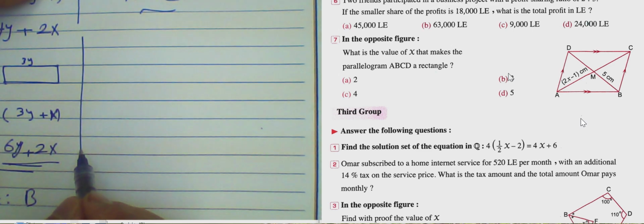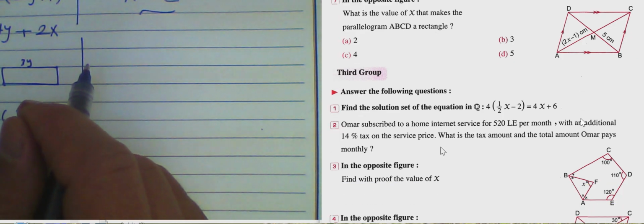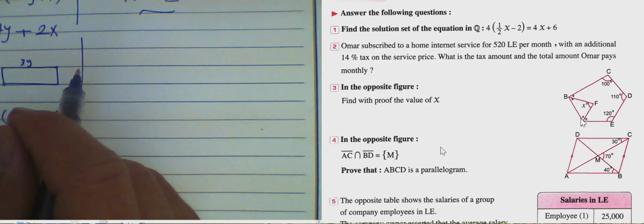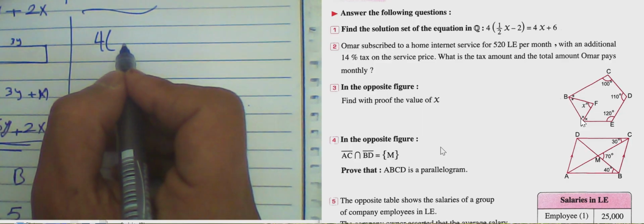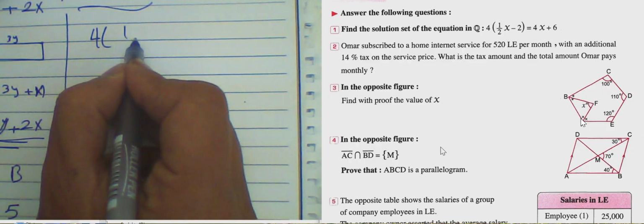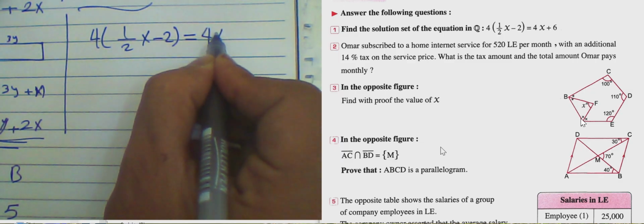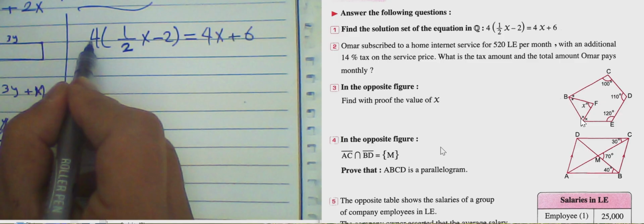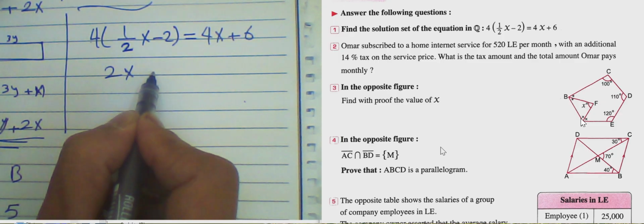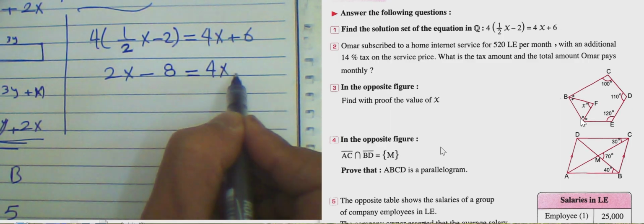Next question: answer the following. Find the solution of the equation in Q. We have 4 times the bracket half x minus 2 equals 4x plus 6. We must use distributive properties in the first step to put it in the simplest form. 4 times half x will be 2x, and 4 times 2 equals 8, equals 4x plus 6.